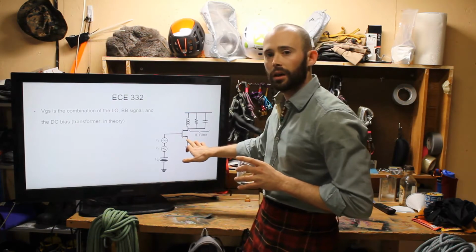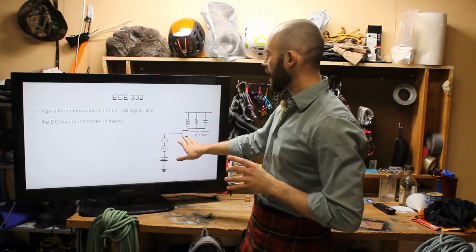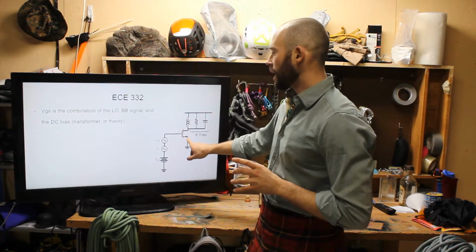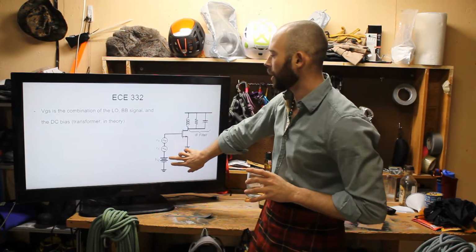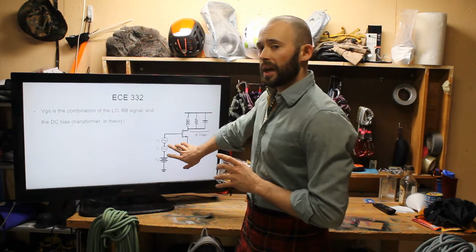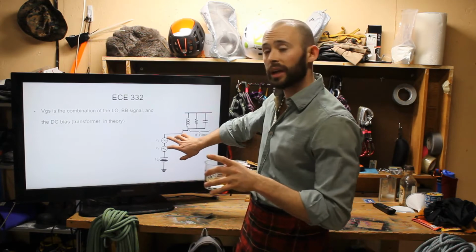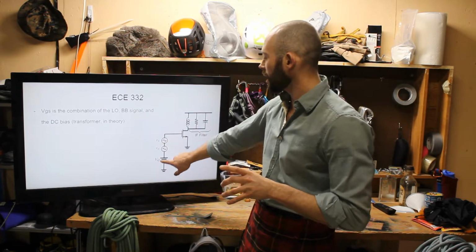Okay, so now that we're actually at the transistor, which is the mixer, VGS is the combination of our DC bias, our baseband signal, and our carrier frequency, V0, VS, and VQ.